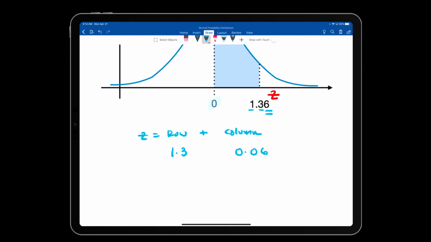So because my 6 is in the hundredths position, put a 0 right here and put the 6 here. Notice this. Isn't it true that if I add 1.3 with 0.06, I end up with 1.36? And the answer is yes. So I'm on the right track.